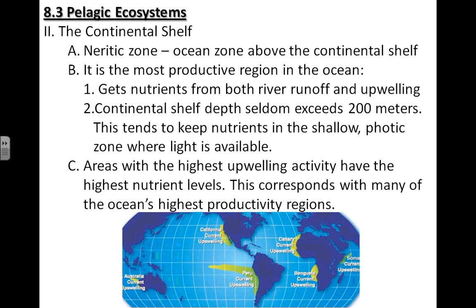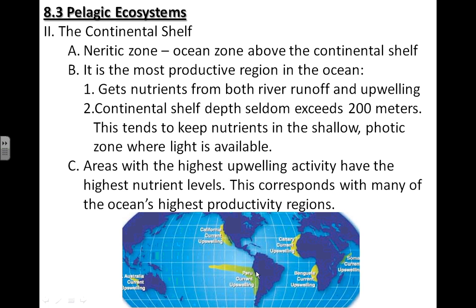And in fact, globally, if we look at this map, the areas with the highest upwelling activity have the highest nutrient levels. And this corresponds to many of the most productive regions in the ocean. And notice, interestingly, they all tend to be on the western side of continents. Not always, but usually. And we focus here on Peru.